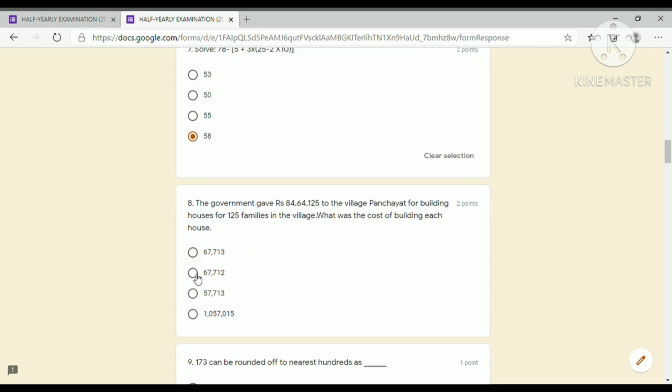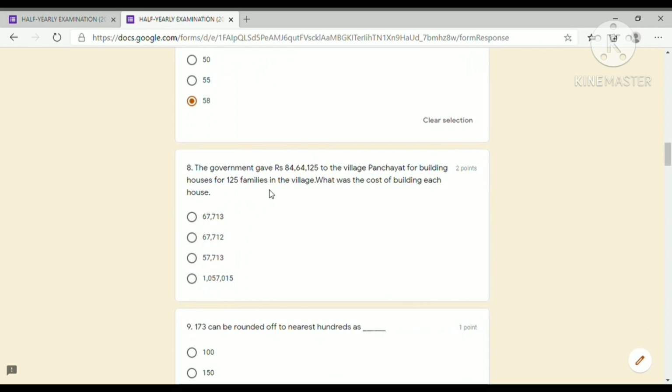The government gave rupees 84 lakh 64,125 to the village panchayat for building houses for 125 families in the village. What was the cost of building each house?